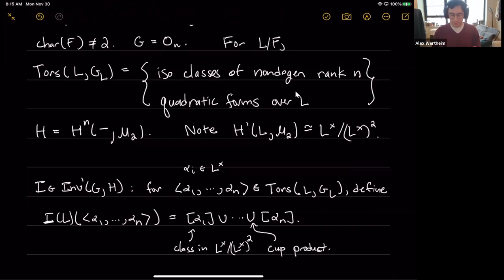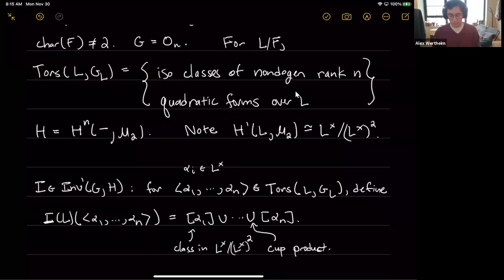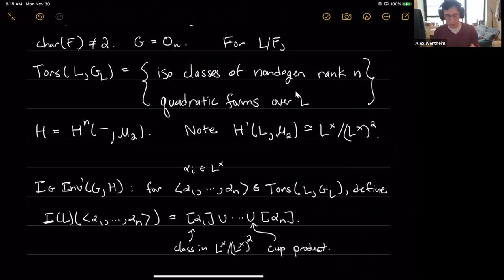Any non-degenerate rank n quadratic form can be suitably diagonalized, and so it can be represented as a tuple of non-zero elements of L. This won't necessarily be a unique representation, but nevertheless, we can define the value of our invariant I on this representation by taking, for a tuple of coefficients alpha_1 through alpha_n, units in L, the cup product of their corresponding classes in the units of L modulo squares.